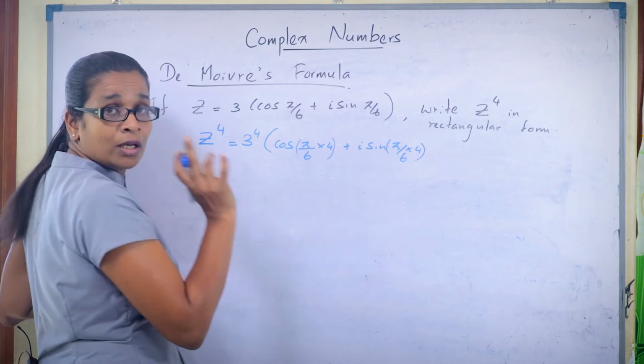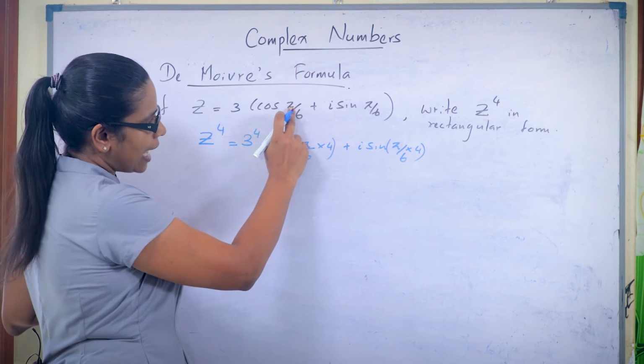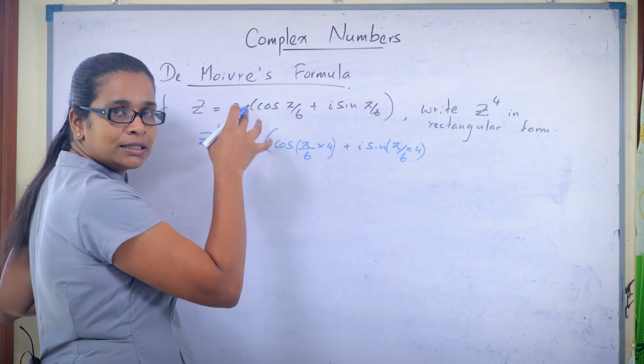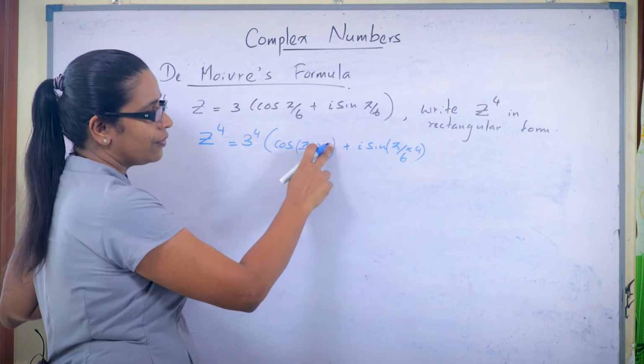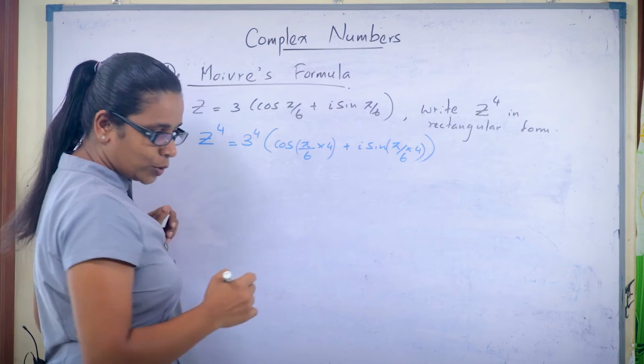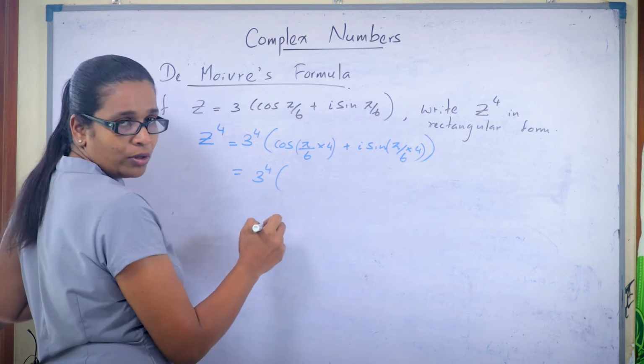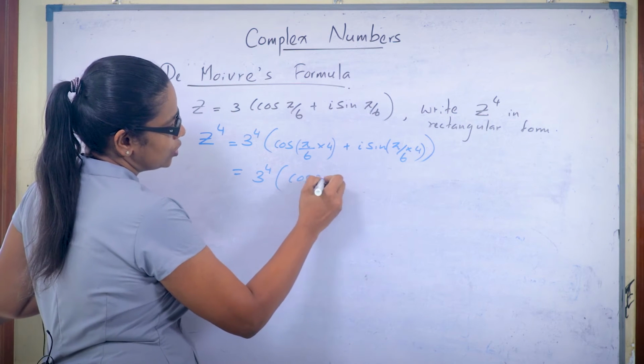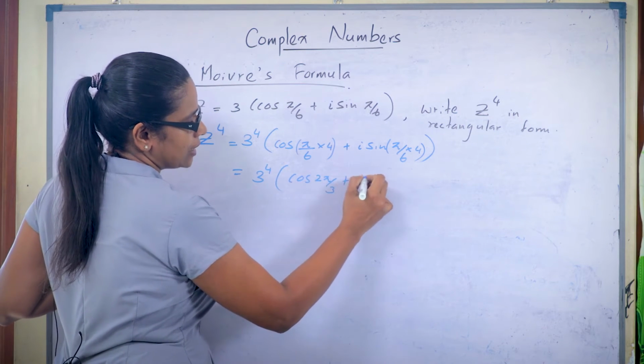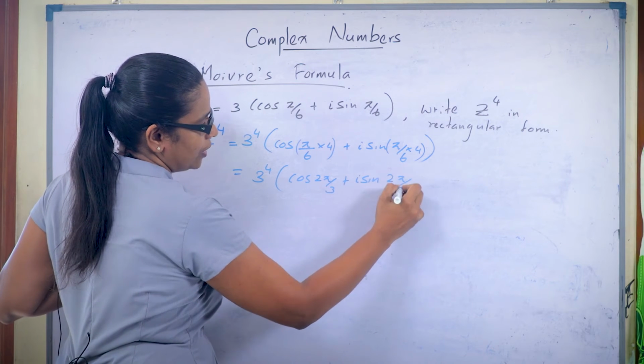You have to multiply this angle by the integer in the power, that is by 4. Can you understand? So here you can write 3 raised to the power 4, so this is cos 2 pi over 3 plus i sin 2 pi over 3.